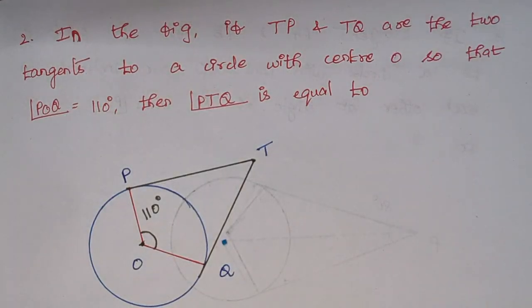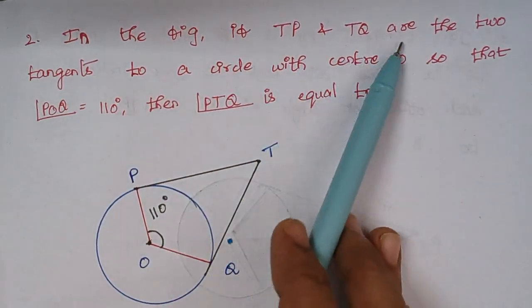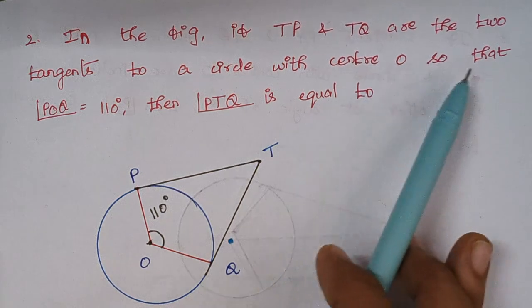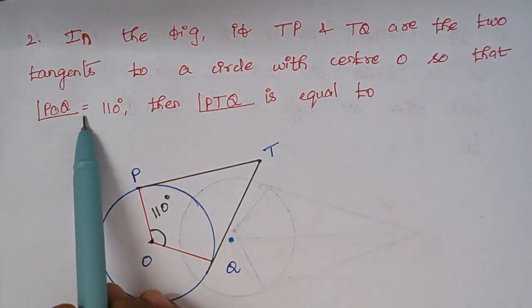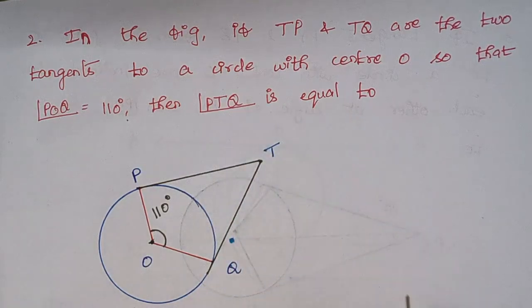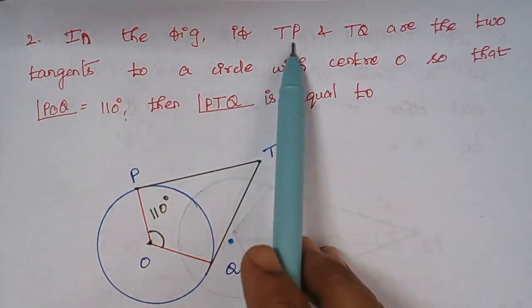So problem number 2. In the figure, if TP and TQ are the two tangents to the circle with center O, so that angle POQ is equal to 110 degrees, then angle PTQ is equal to? Here we have TP and TQ.